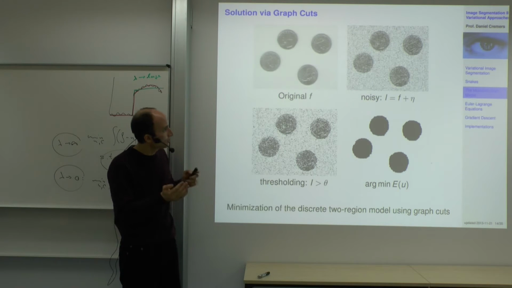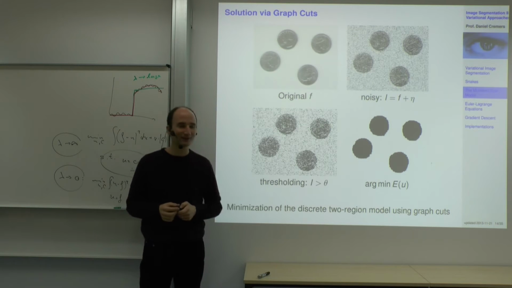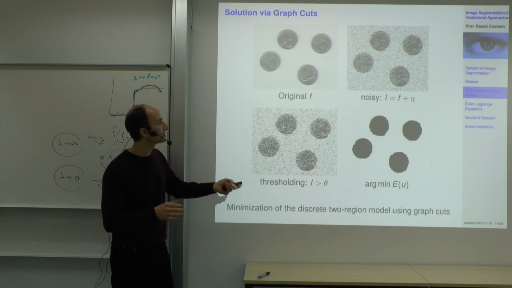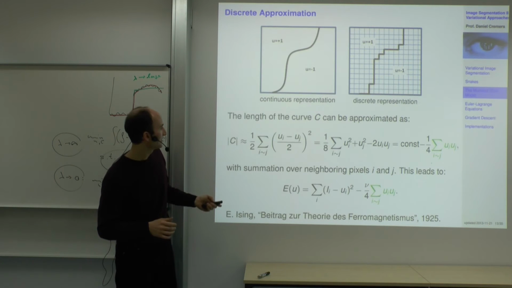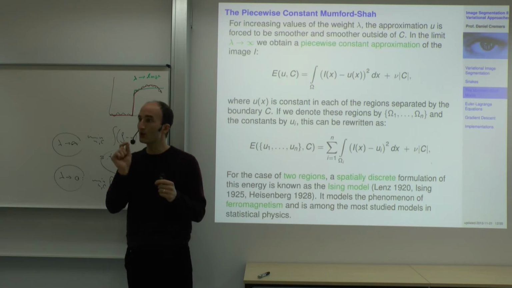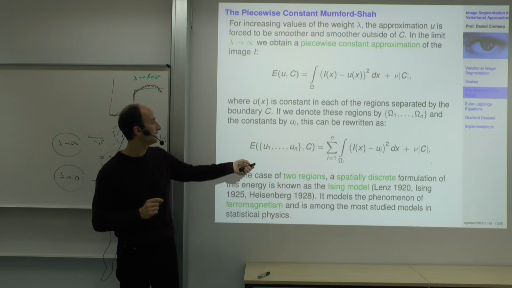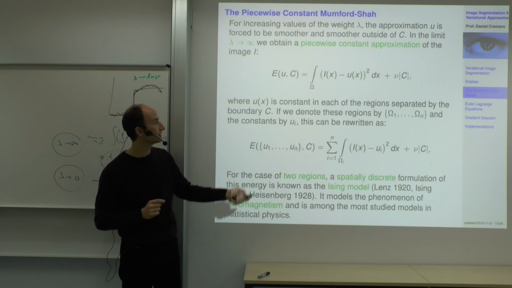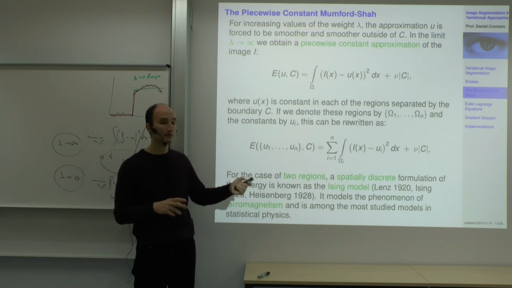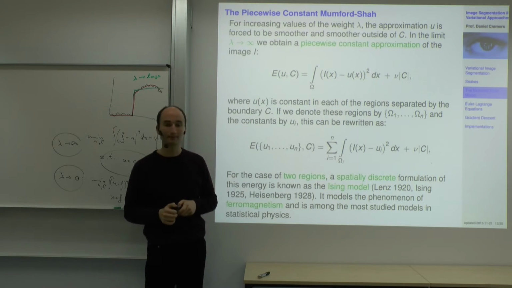That is actually, again, not quite right. Nothing is ever fully solved in our field of research. This is solved once you fix these values Ui. So once you know what the, say, mean intensity in each region is, in fact these constants here, then the binary segmentation is solvable in polynomial time.